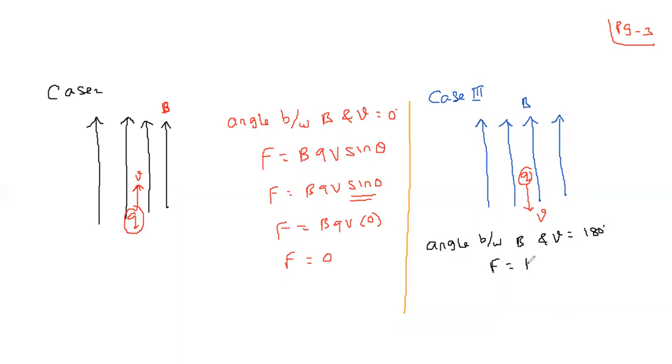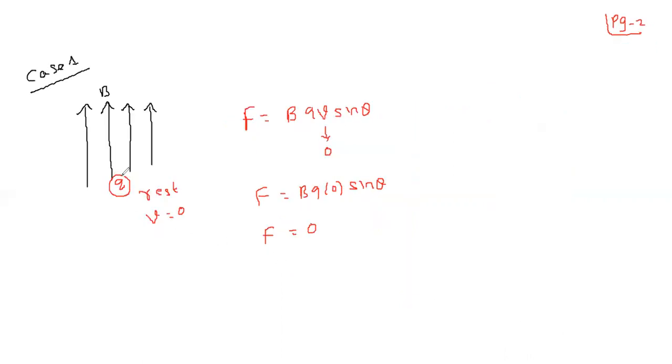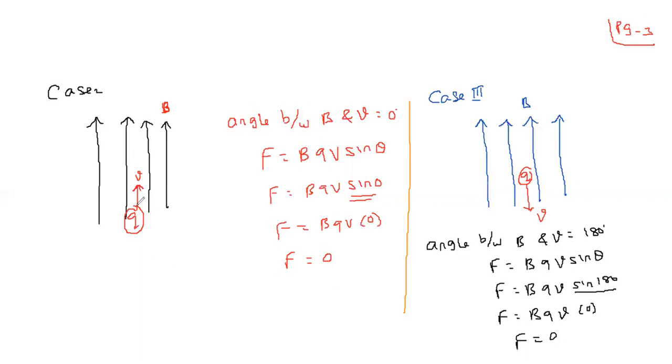By F is equal to BQV sin theta, instead of theta, 180. What is sin 180? 0. So F is equal to BQV into 0. F is equal to 0. So if the charge is at rest, force 0. Charge going along the magnetic field, force 0. Charge going opposite to the magnetic field, force 0.